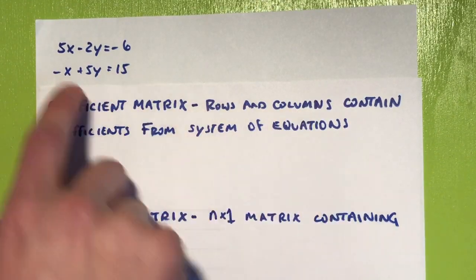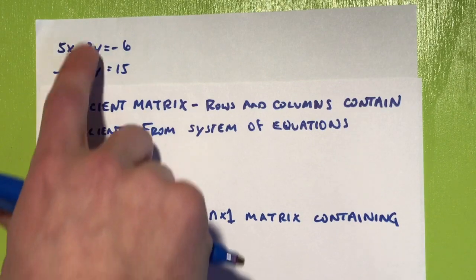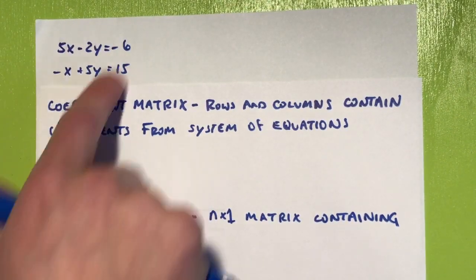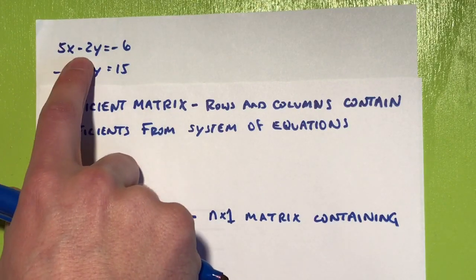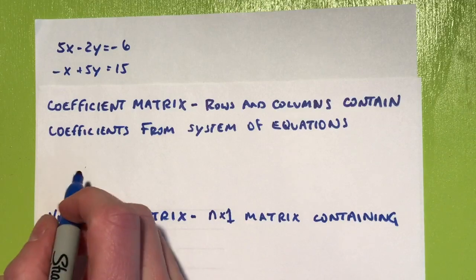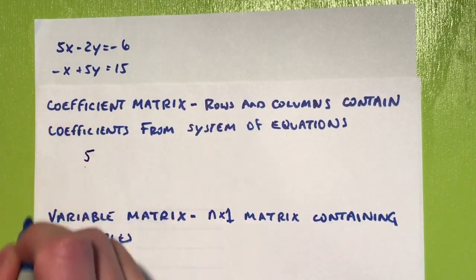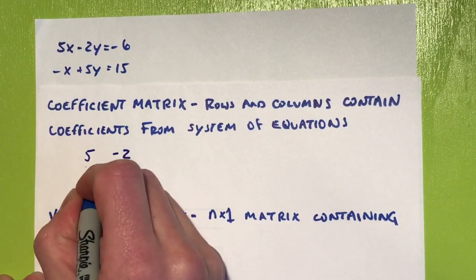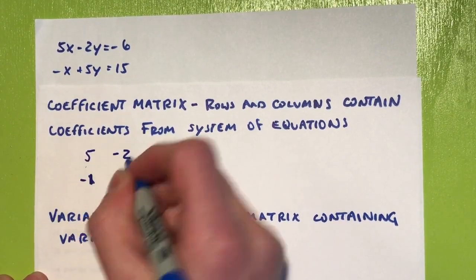The first column is going to be the first set of coefficients. The second column will be the second set of coefficients. So for our system of equations here, 5x minus 2y equals negative 6, negative x plus 5y equals 15, our coefficient matrix is going to be the 2 by 2 matrix, 5, negative 2, negative 1, 5.